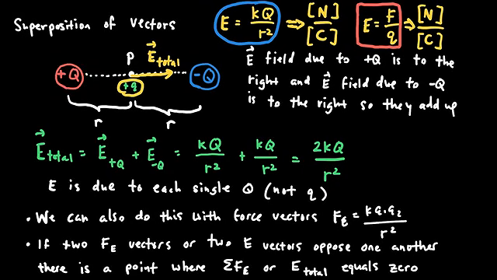Please remember that we can also do this for force vectors, because electric forces are vectors as well. So if they point in opposite directions, we subtract them. If they point in the same directions, we add them up. And in particular, it's pretty important that if we're working with a couple of force vectors or electric field vectors that oppose one another, at some point between two charged objects, there's going to be a place where the net force or the electric field will be equal to 0.